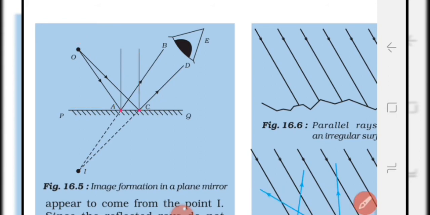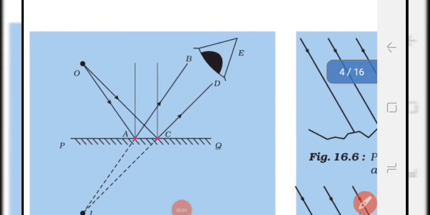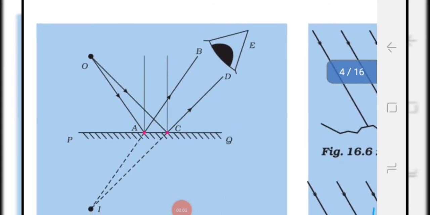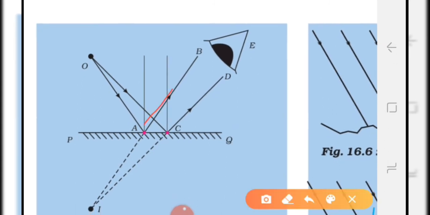Okay. Now, you have to extend both reflected rays. You will observe that they will not meet. Okay, students. Now, you have to extend them backward, behind the mirror. Now, you will observe that they will meet at point I. So, for the viewer's eye E, the reflected rays appear to come from the point I. Actually, the reflected rays do not meet at I, but they appear to meet.